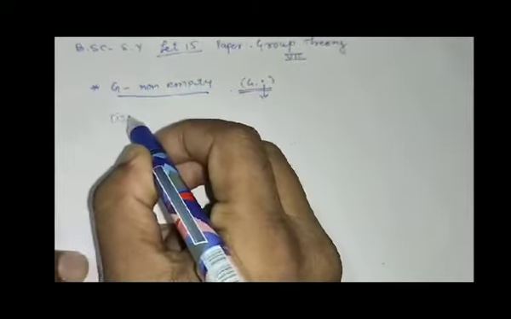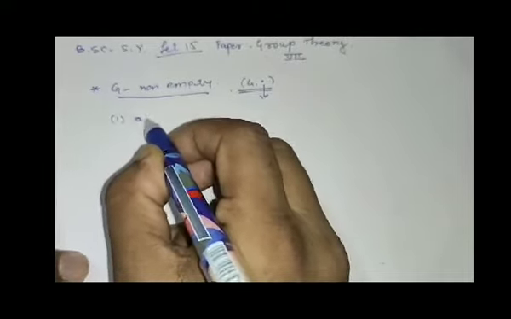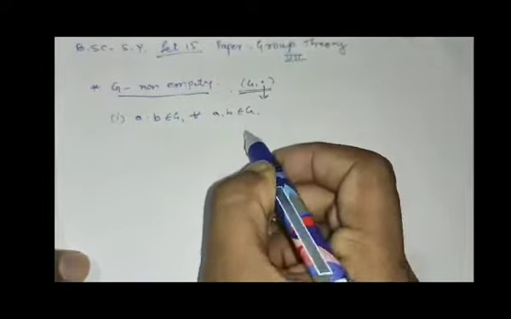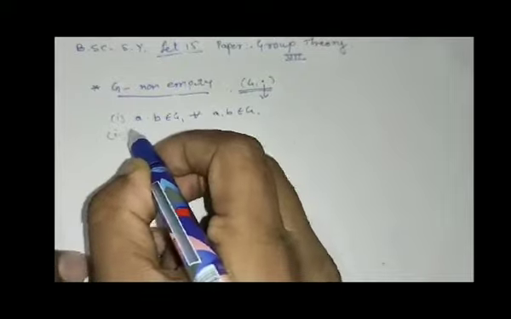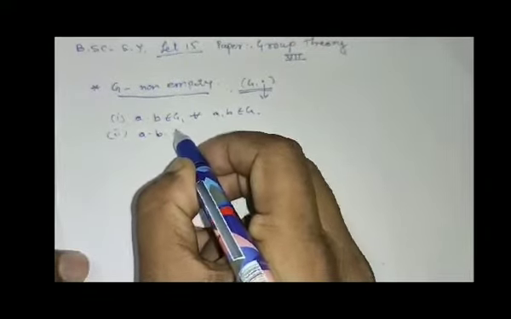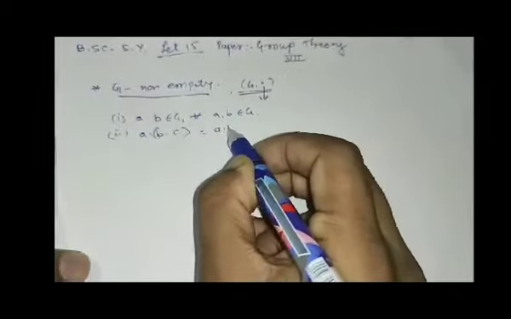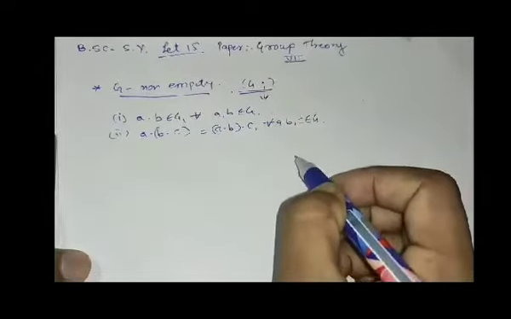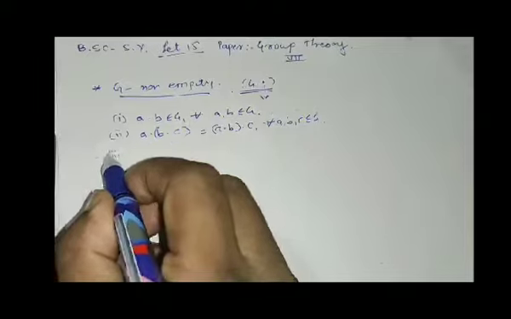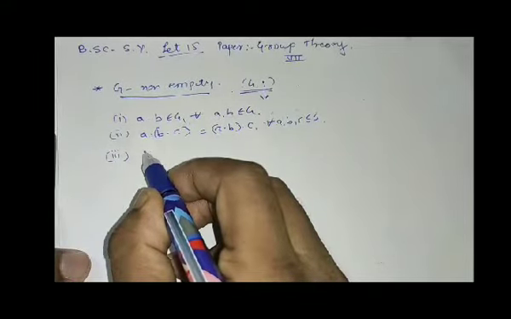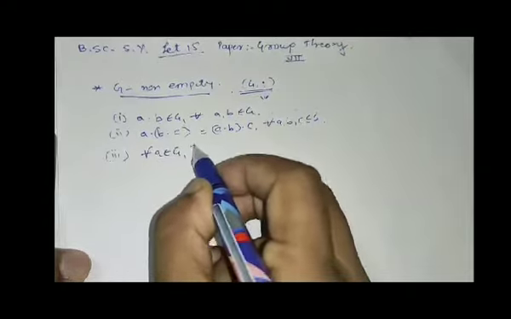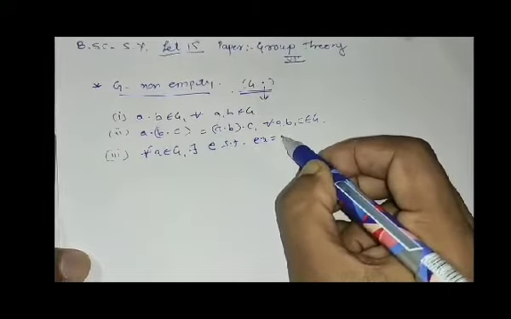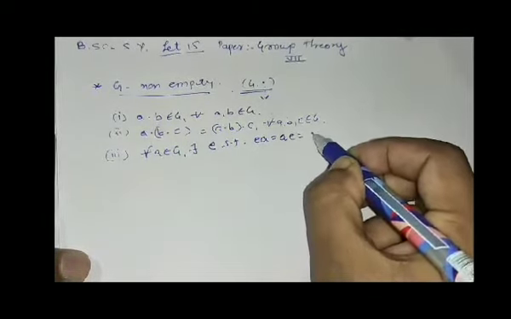The first postulate is closure property, that means a dot b belongs to G for all a and b belonging to G. Then the second property is associative property: a dot b dot c is equal to a dot b dot c for all a, b, c belonging to G. The third property is existence of identity element, that means for all a belonging to G, there exists an element e such that e dot a is equal to a dot e is equal to a.